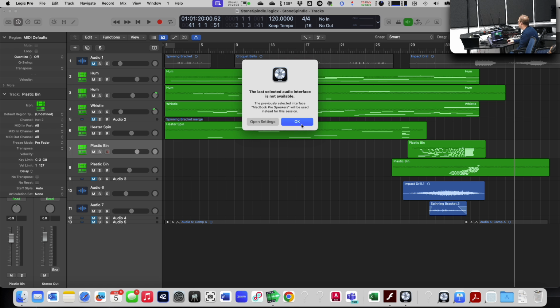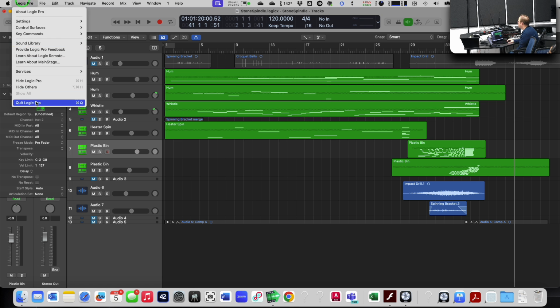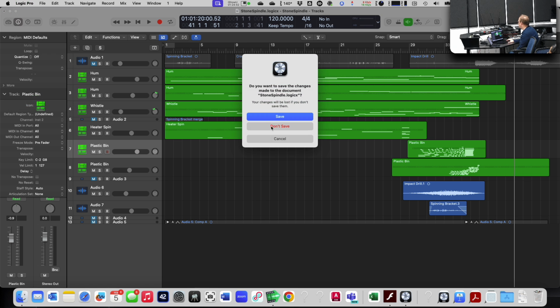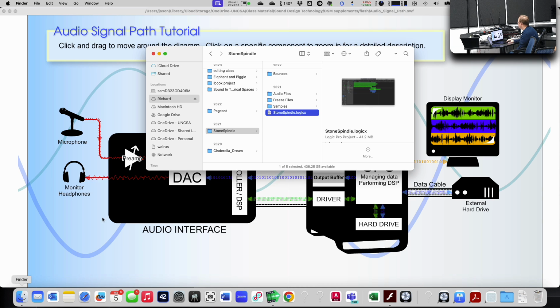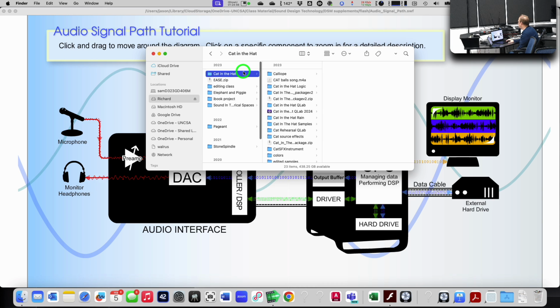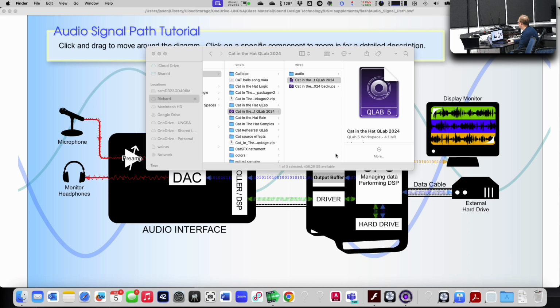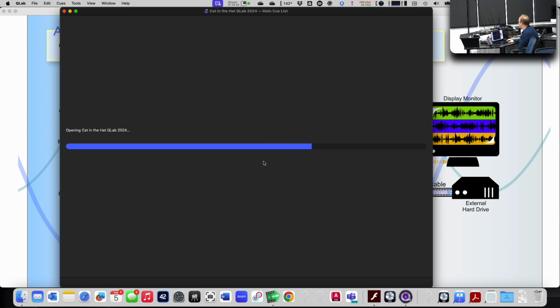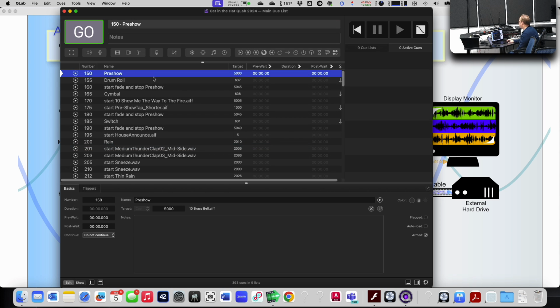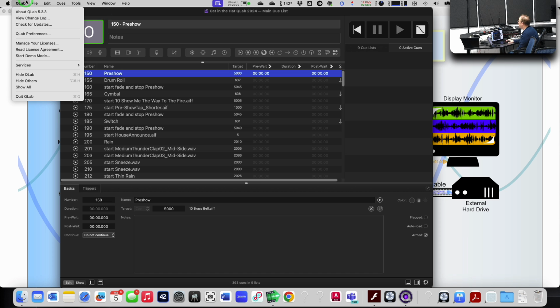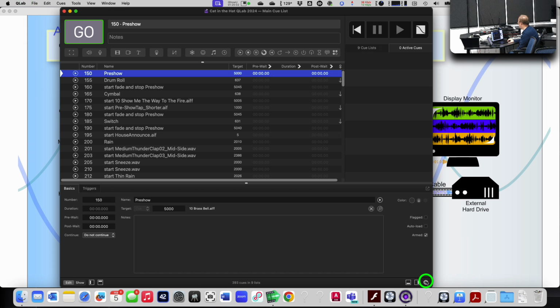Let me show you where it is in QLab. So I think I've got a QLab file. Yes, here we go. So here's a QLab file for a show I'm working on right now. And you know you have the workspace settings, right?